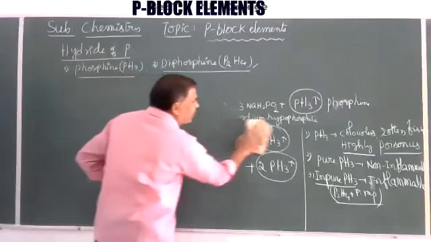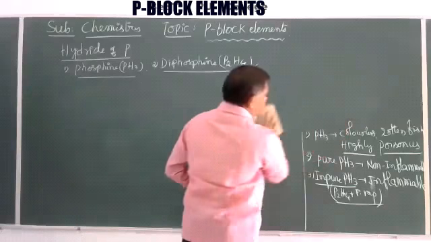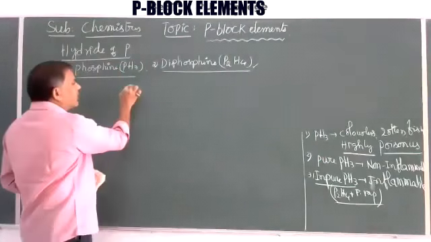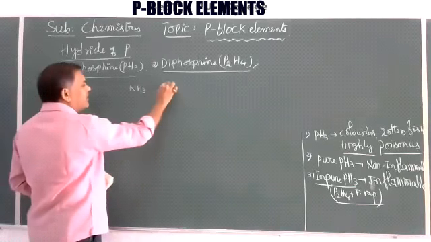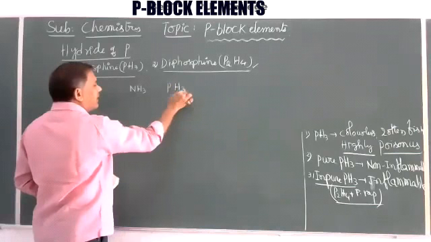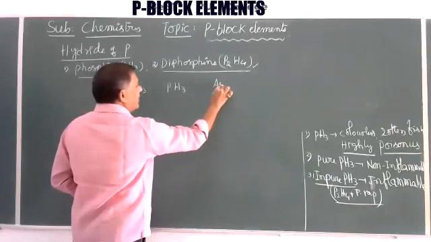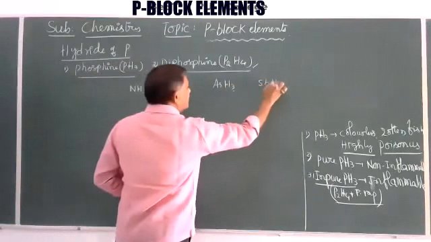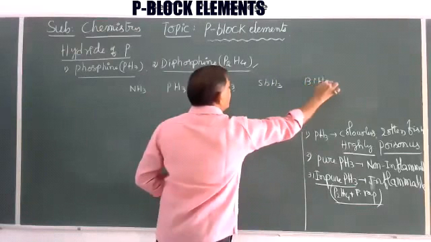Now, just like ammonia, phosphine is also basic in nature, and I will explain its basicity. Here NH3 is ammonia, the hydride of nitrogen. Phosphine is the hydride of phosphorus. Arsine is AsH3, SbH3 is stibine, and BiH3 is bismuthine.